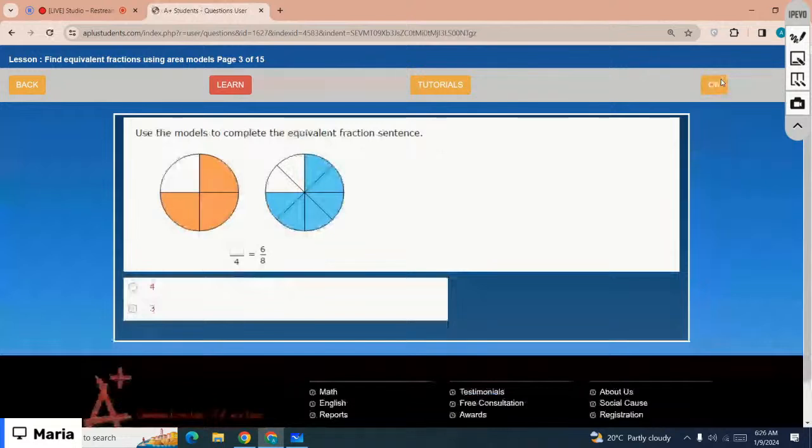Use the models to complete the equivalent fraction sentence, which is the correct option. Yes, that is 3 out of 4. The correct option is 3.